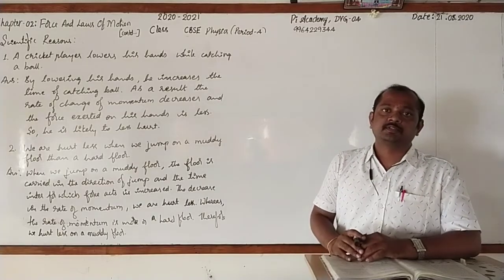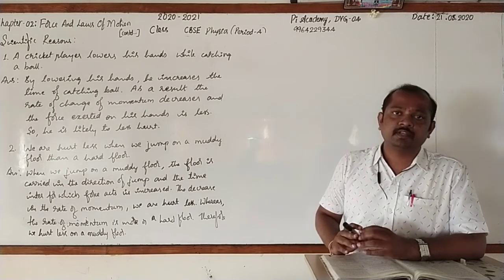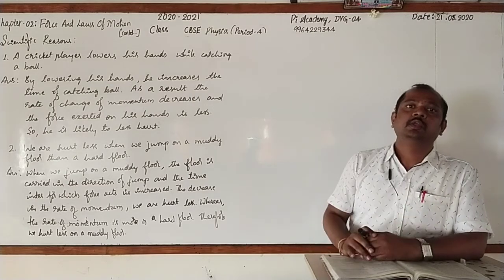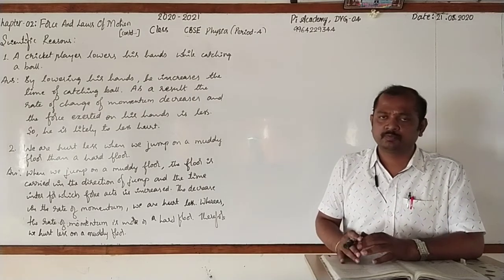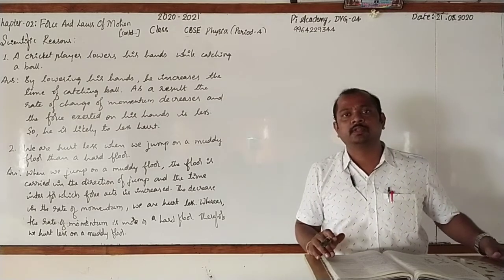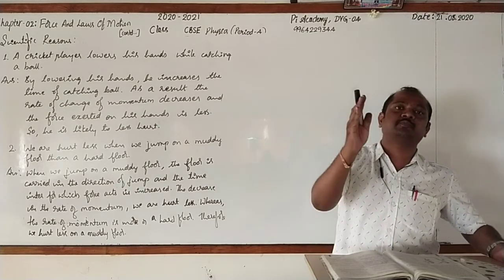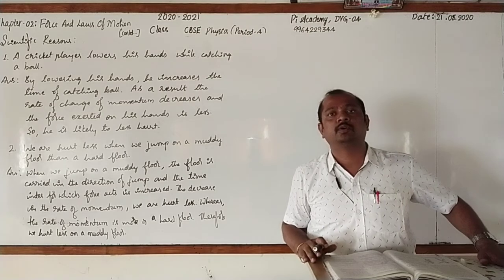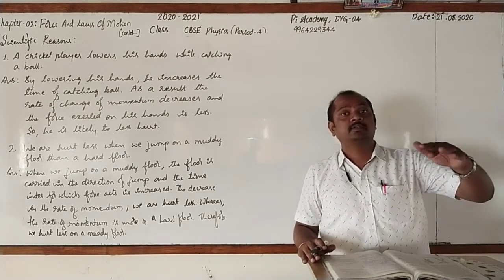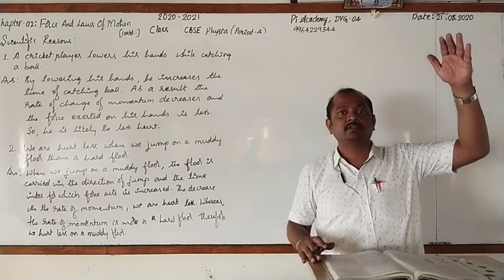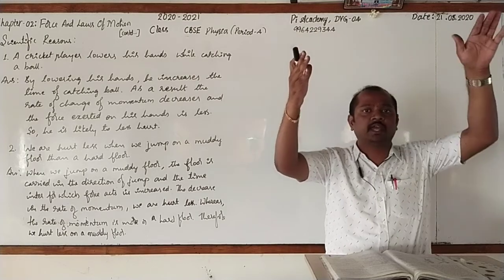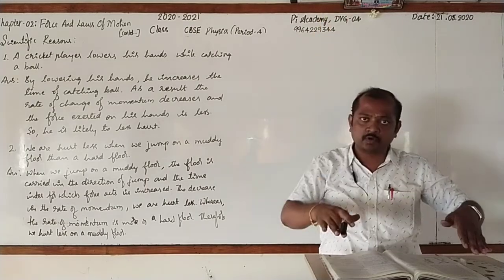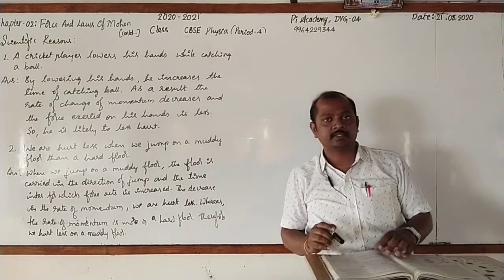Okay, dear students, we have some scientific reasoning questions with respect to Newton's second law of motion. Once you just go for recalling it, it is the rate of change of momentum is directly proportional to force. As rate of change of momentum increases, force also increases. As it decreases, force also decreases, right?